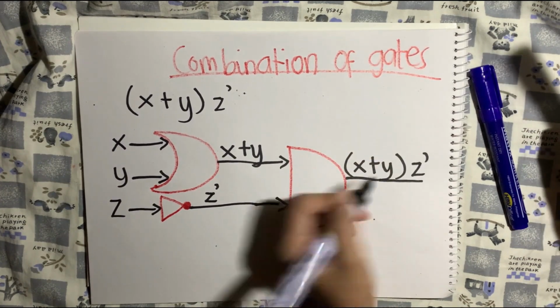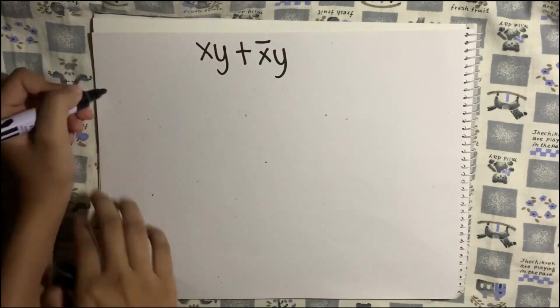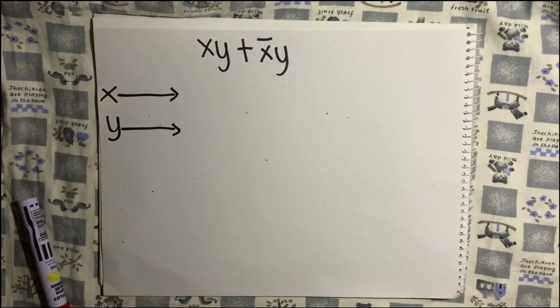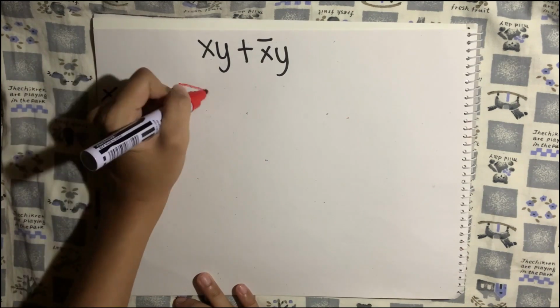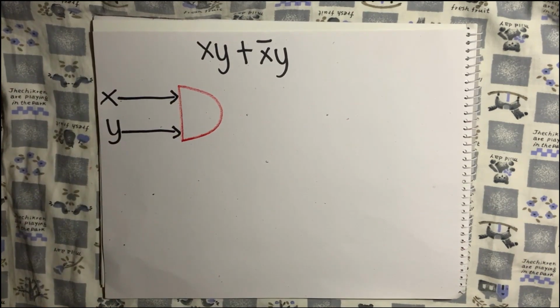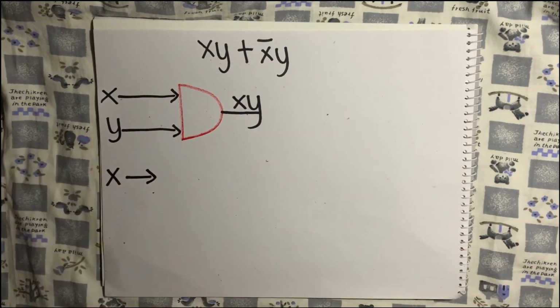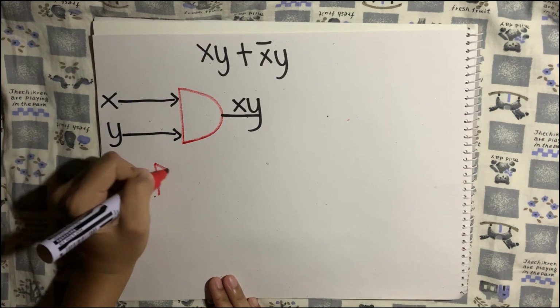Let's have another example for you to understand it even better. Let's create a circuit that will produce this output. First, let's create the inputs for x and y. And then we get the complement of x.